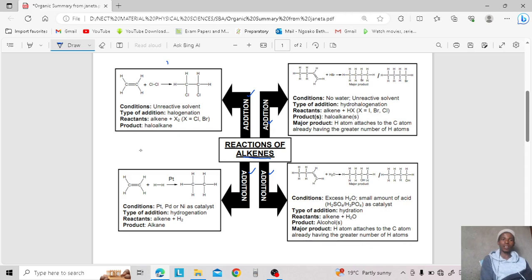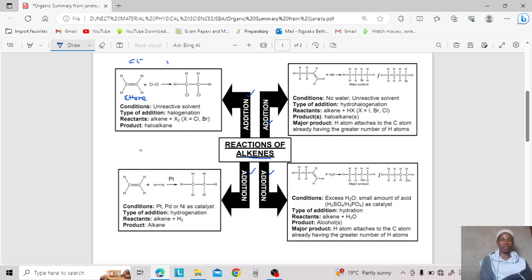So here we have an alkene, which is an ethene. And then we add chlorine gas, which is Cl2, Cl bonded to another Cl. Cl is group number 7, so it always makes one bond.